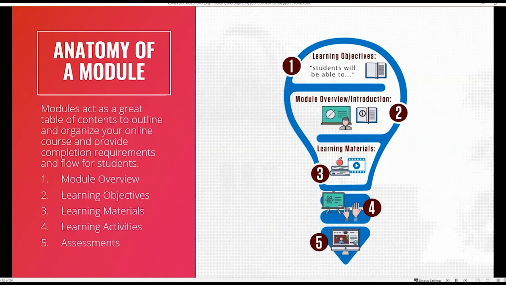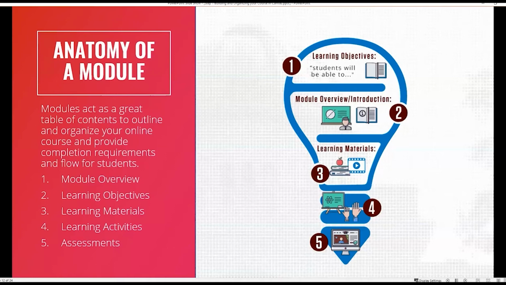So that could be one way you could name your modules in Canvas. You could name them by week. It could be module week 1 or week 1 module, or just week 1, week 2. And then under each module, you are going to place your pages, and those pages are going to contain the learning objectives. What is it that the students will be able to do during that week?